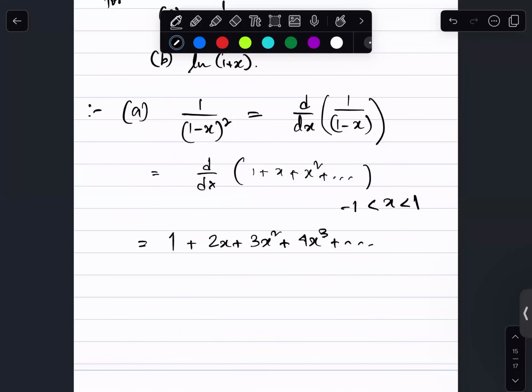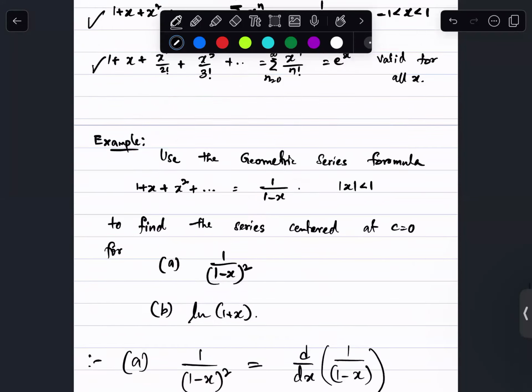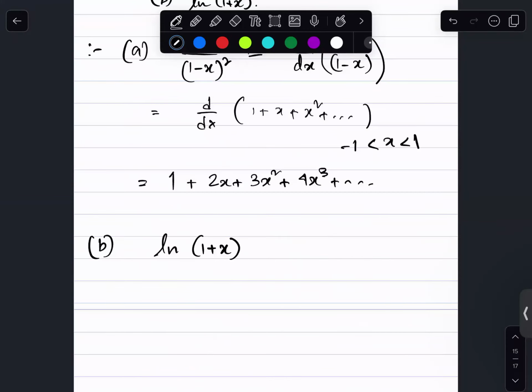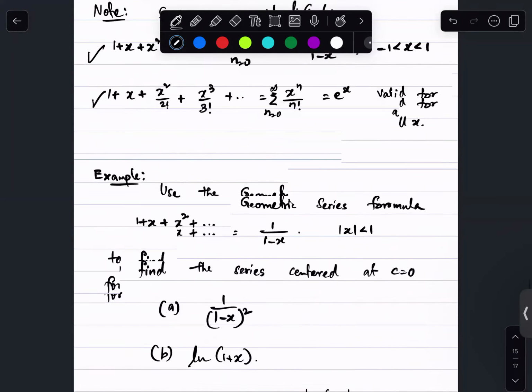Okay. For the second problem, again, I have to relate somehow ln(1 plus x) with one of these two problems. There might be a differentiation or integration involved, but that's fine. So I can see that if I take the integration of 1 over 1 plus x dx, then that is ln(1 plus x). And again, I have the formula for 1 over 1 plus x, right?